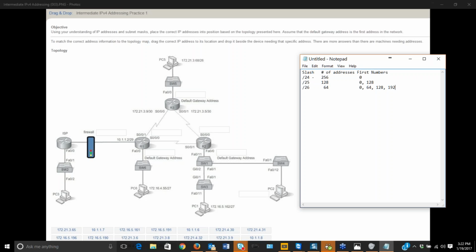So we can't do 64 here. Look at this address back up here. It falls between 64 and 128, right? We can all agree on this one. So 64 is the first address, but it's not the first available address. What must be the default gateway address there?